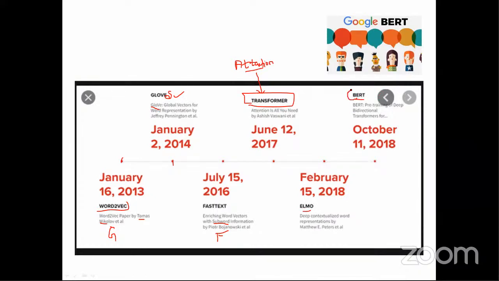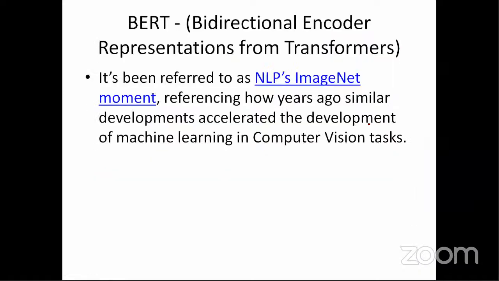BERT has become very popular. There are a lot of extensions and alternatives that appeared once BERT was introduced. 2018 is one of the milestones of NLP research because of the introduction of BERT. Now in most NLP tasks BERT has attained state-of-the-art results. You'll see what BERT is.